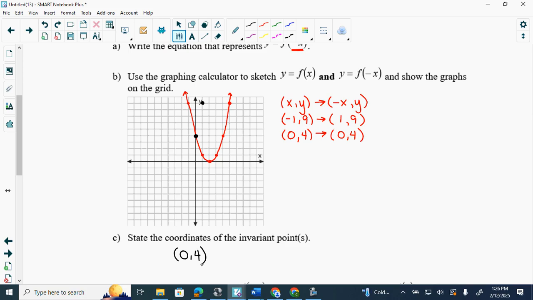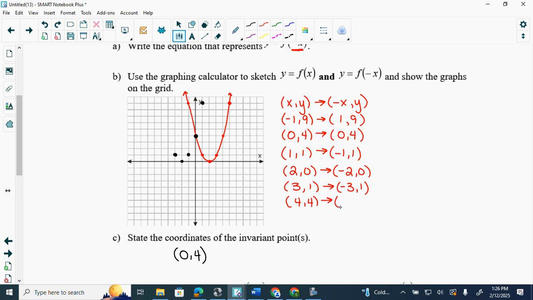Then we have 1, 1. It's going to become negative 1, 1. Then we have 2, 0. It's going to become negative 2, 0. 3, 1. It's going to become negative 3, 1. And then 4, 4.